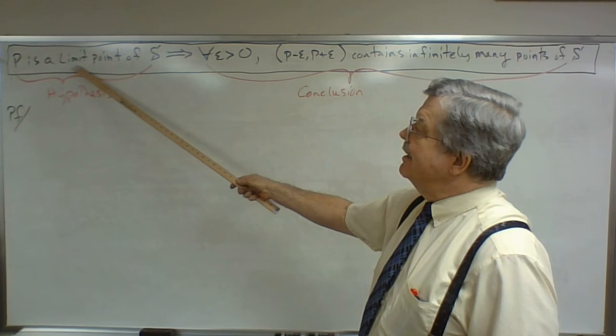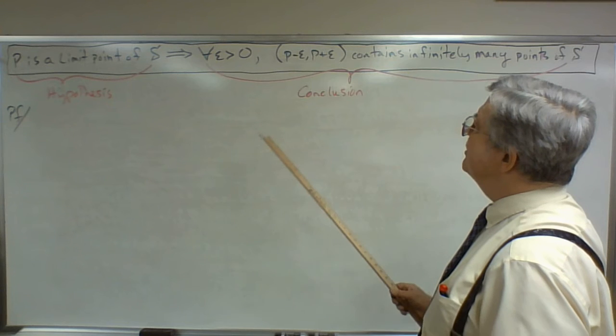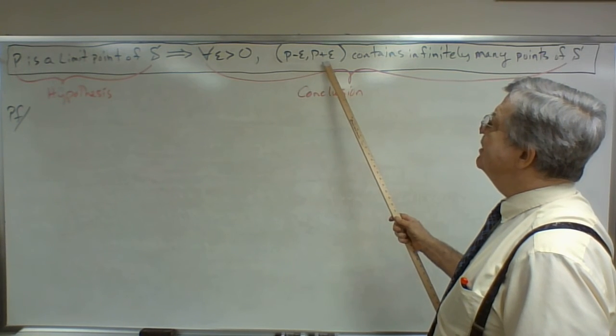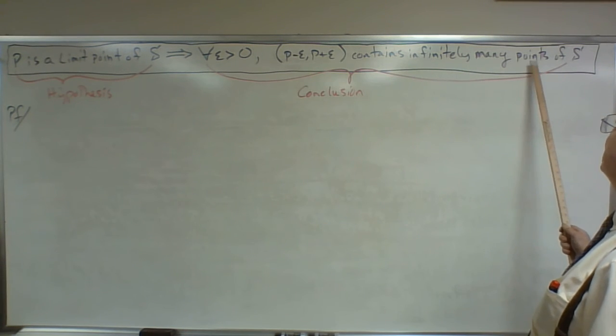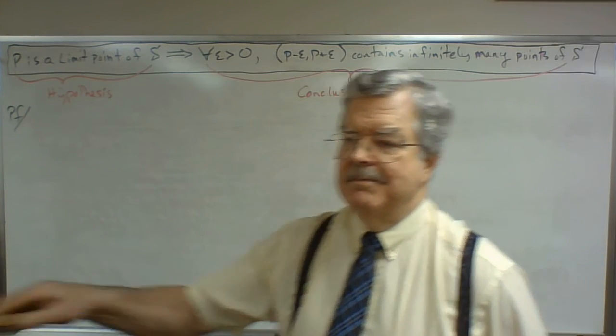Namely, if P is a limit point of S, then for each epsilon greater than 0, the interval (P minus epsilon, P plus epsilon) contains infinitely many points of S. Okay, let's have at it.